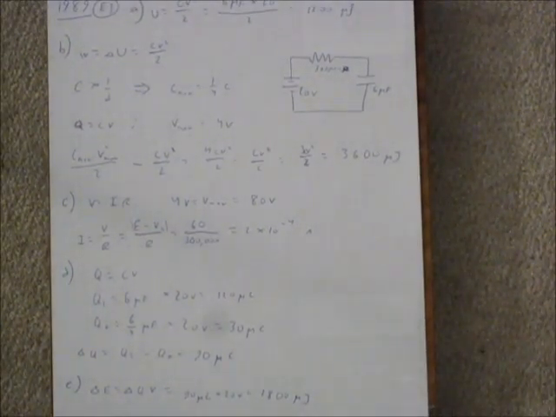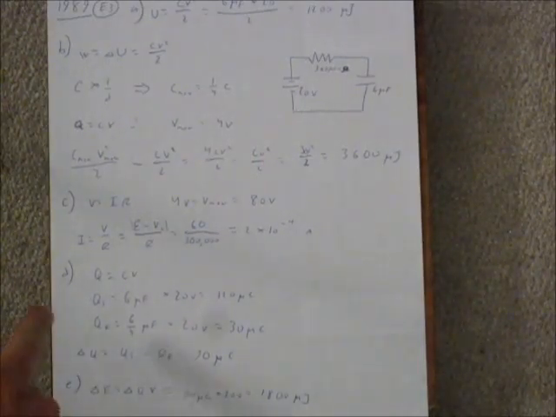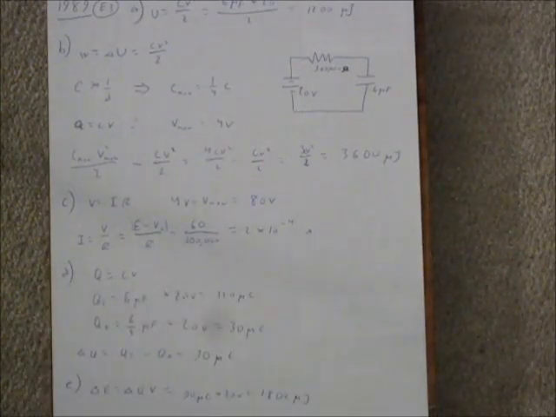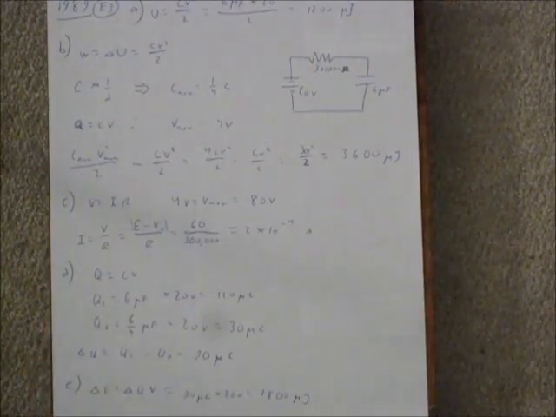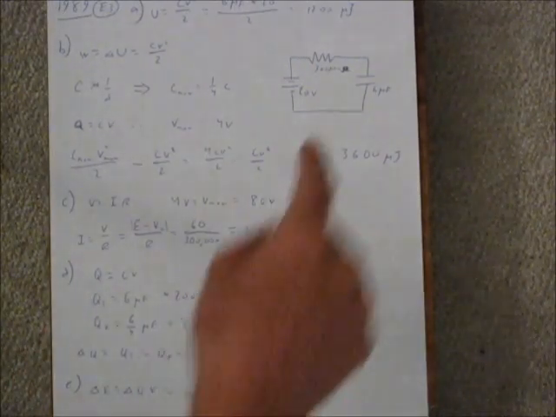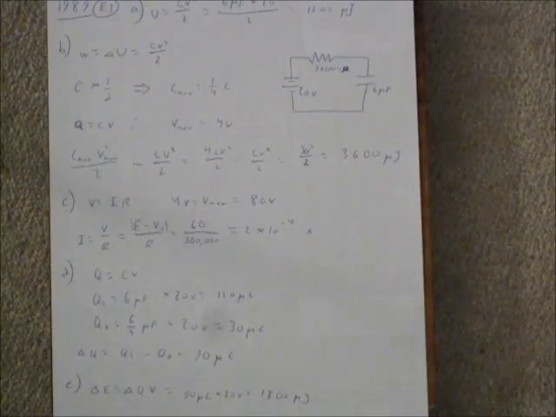Alright, so part D is asking to determine the total charge that is passed through the battery. So here we know that Q equals CV, that's the general charge equation. So we solve that for the initial charge, which the capacitor would have started out with. So here we have Q initial, which is the charge of the capacitor when it had its original spacing.